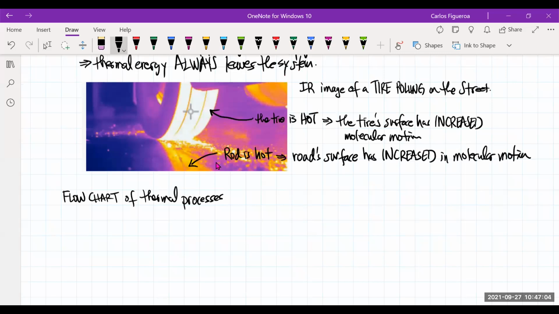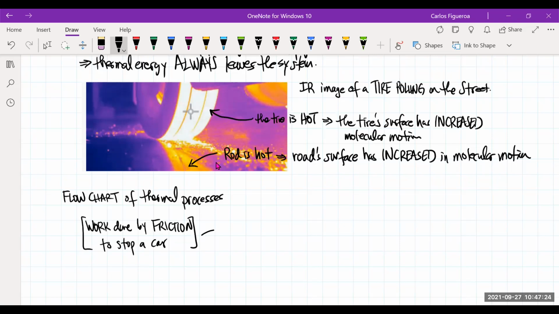The first thing you see is that there's work done by friction to stop a car.